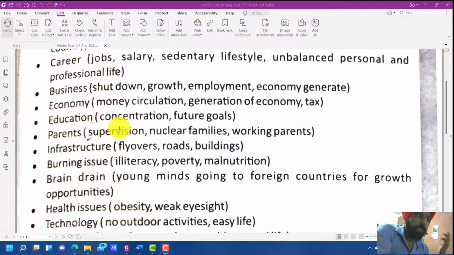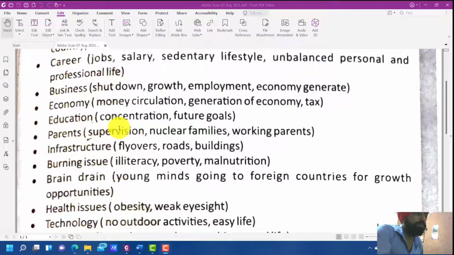The most basic thing you need is concentration and your future goals, and why education is needed, and why studying online rather than offline classes. You need to think about that and, according to the pattern of Writing Task 2, brainstorm yourself and make the ideas accordingly.